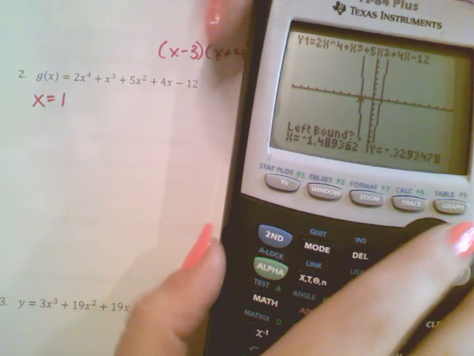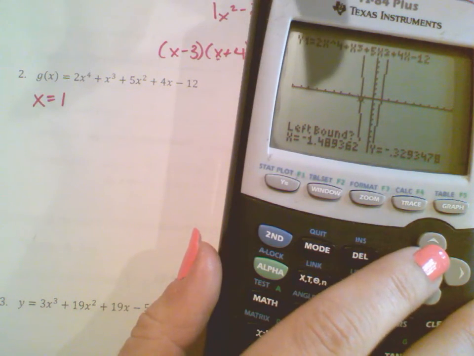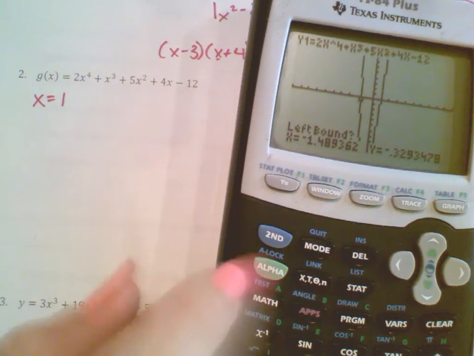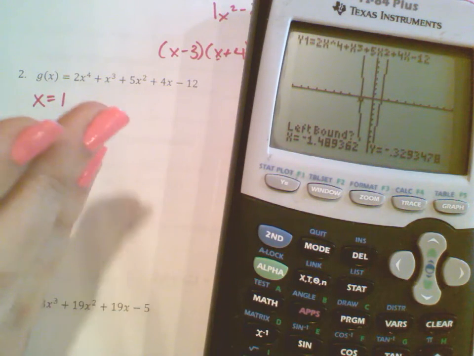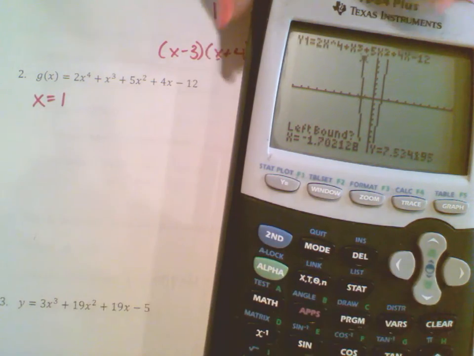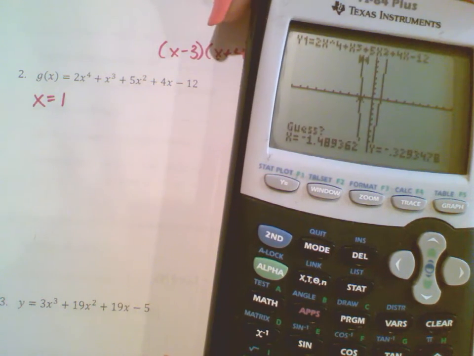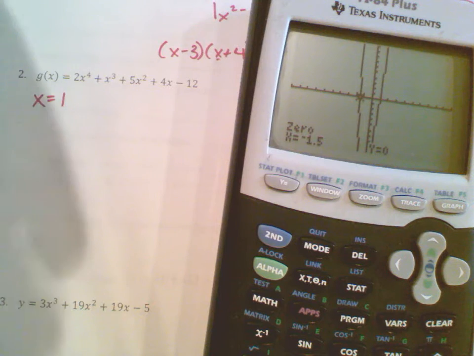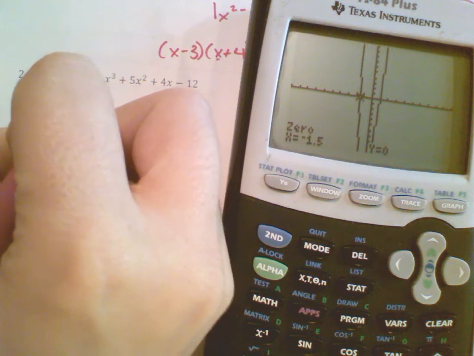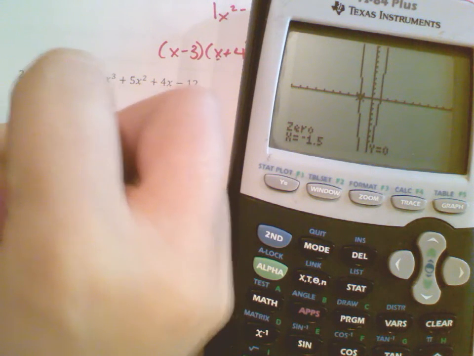Or if you started negative, it should change to positive. Because we're looking for when y is 0, so it needs to be between positive and negative. So my left bound, positive, right bound, negative. I don't need to guess. And I've got 1.5. Oh, sorry, negative 1.5.